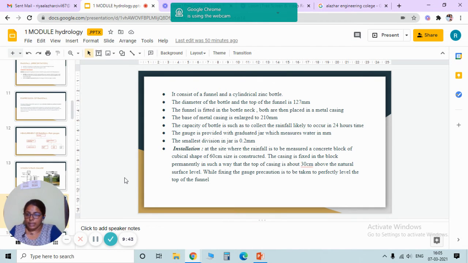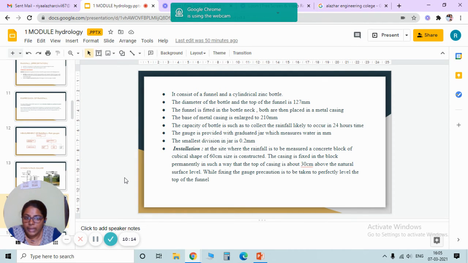Now the points which you need to remember are: what is the dimension of the bottle and the top of the funnel, what is the dimension of the metal casing, how many hours duration is being collected in it, and what is the capacity of the bottle. So these 3 points you need to remember. Now we will see what the installation is.